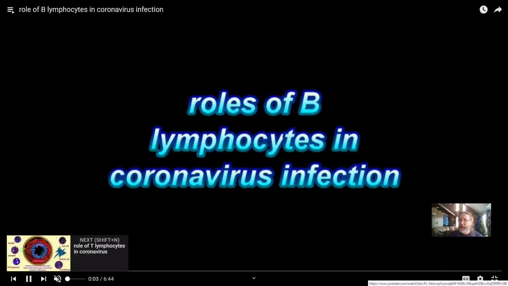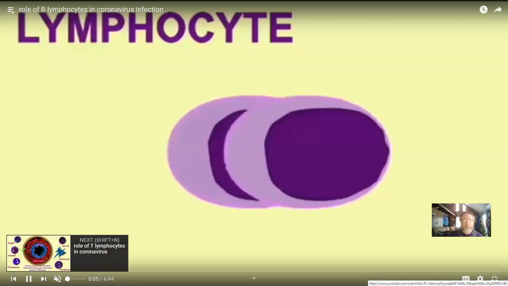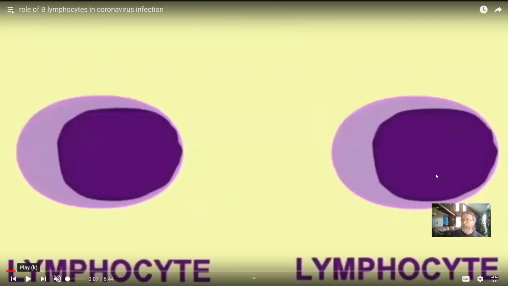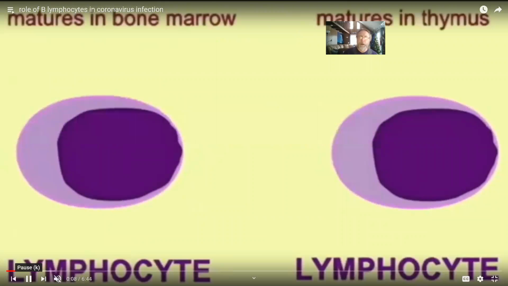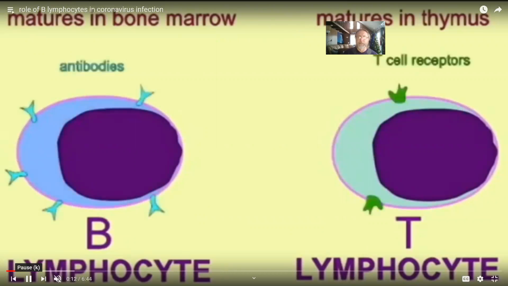The type of immune cell which makes antibodies is what is known as a B lymphocyte. In general, lymphocytes start off in the bone marrow. The ones which finish their development in the bone marrow are called B lymphocytes. These are the ones which make antibodies which can be secreted. The ones which go to the thymus and mature there are called the T lymphocytes.